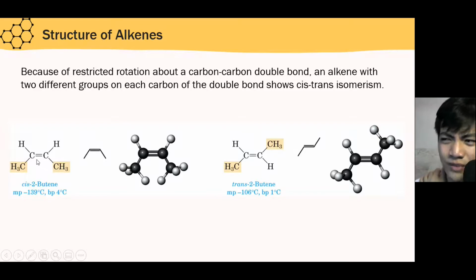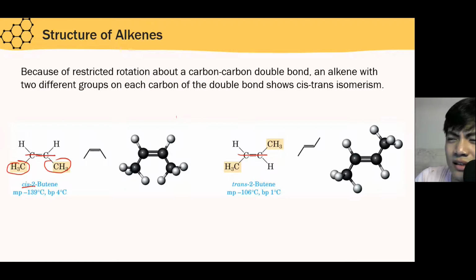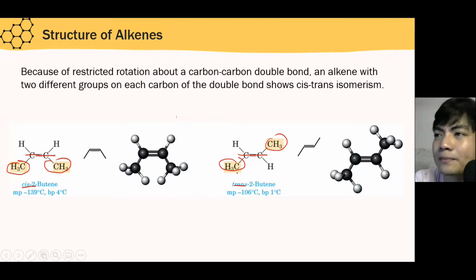So that is your cis-2-butene. While if you place the methyl on the other side with respect to the double bond, that will be trans. Okay? So pag nasa same side, yan ay cis. Pag nasa opposite side with respect to the double bond, that is your trans.